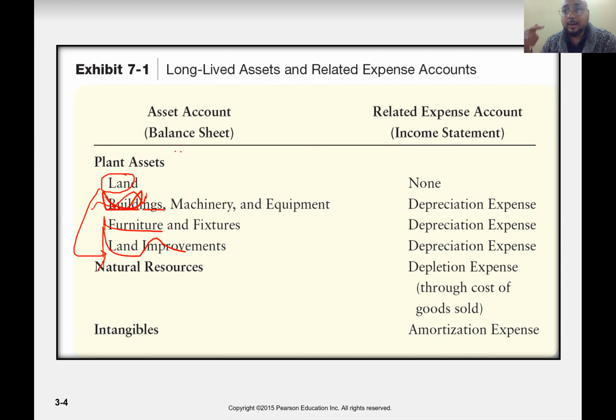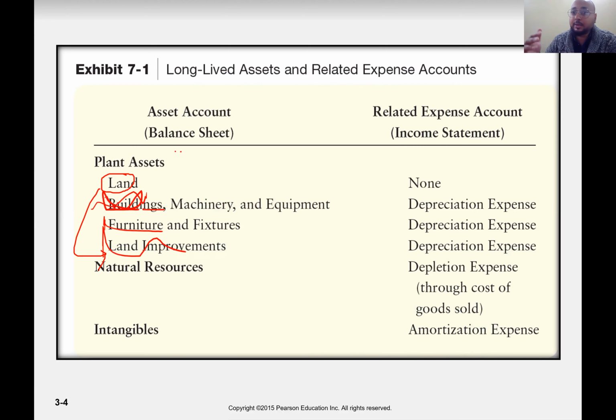So land value does not go down, land does not depreciate, right? But the fencing that you build around the land depreciates. That's why we segregate land from land improvements, like building.